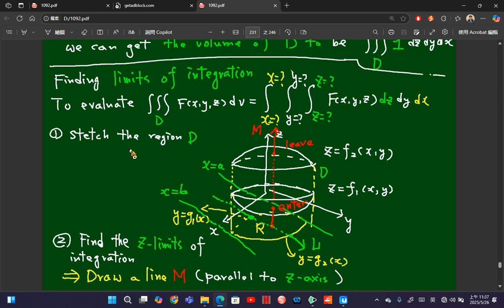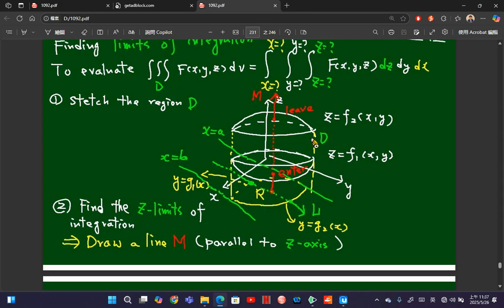Okay, so the first step for us is still to sketch the region. Normally the region will be described by z equals f2 of xy and z equals f1 of xy. Then you can have a bird's-eye view from the z side, and see that it will be projected to the xy plane.